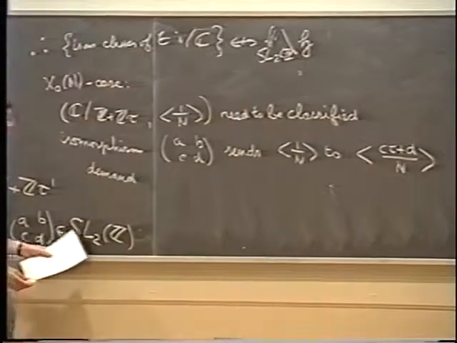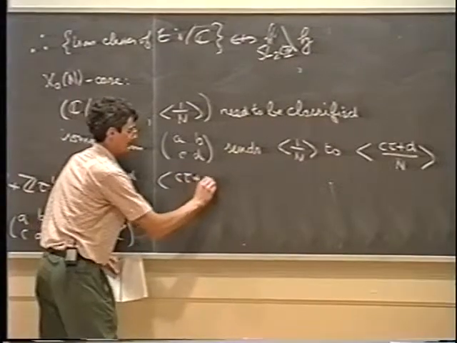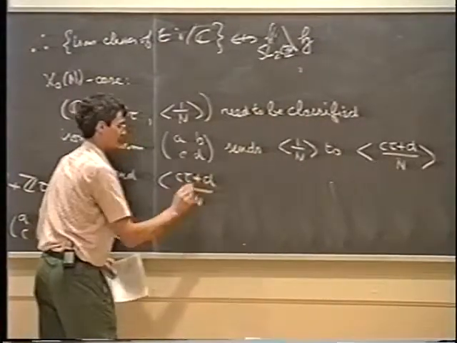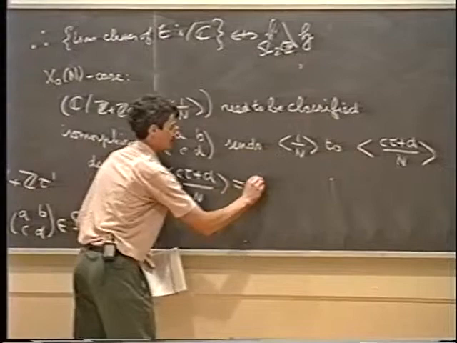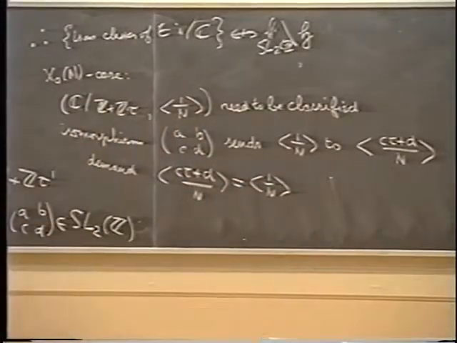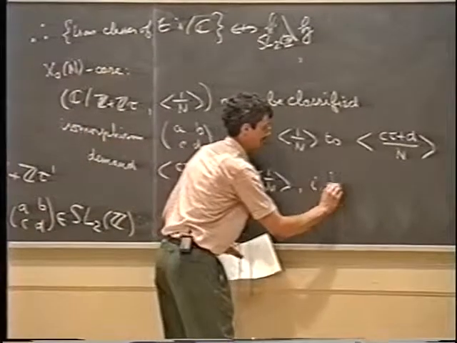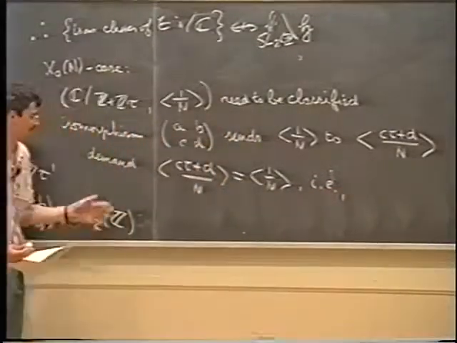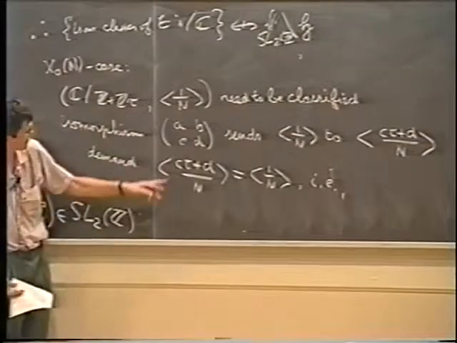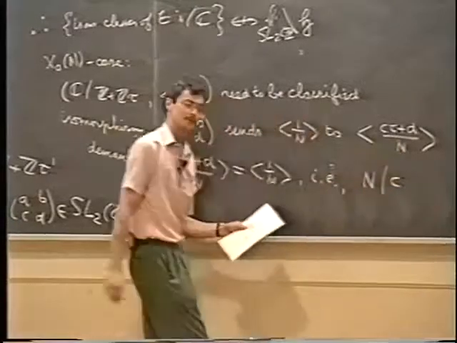So what we demand is that this C tau plus D over n equals the 1 over n modulo the lattice. And if you look at this, it simply means they have to be in the same direction and they have to generate. This simply means that the n has to be a divisor of C.